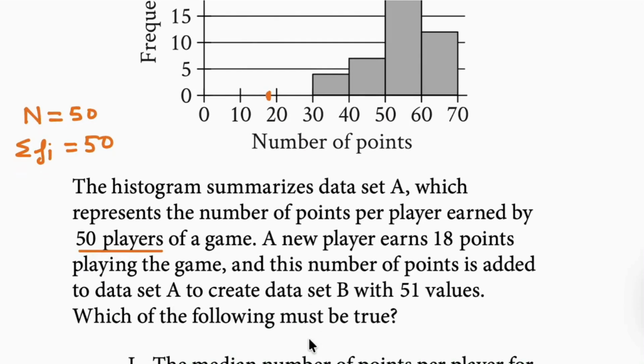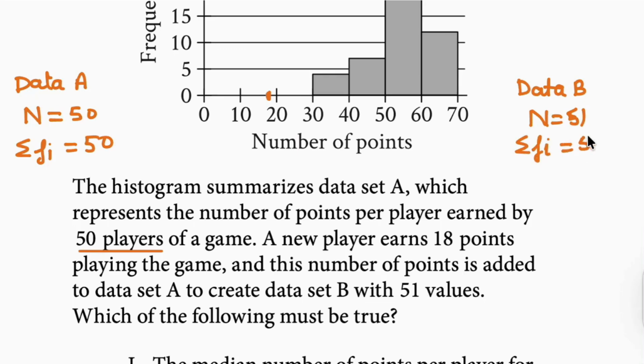Now dataset B will have 51 values, and this one is dataset B where the number is 51. That means the sum of all the frequencies here is 51.